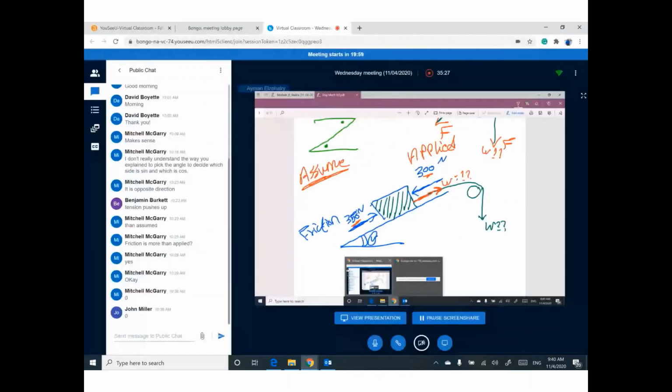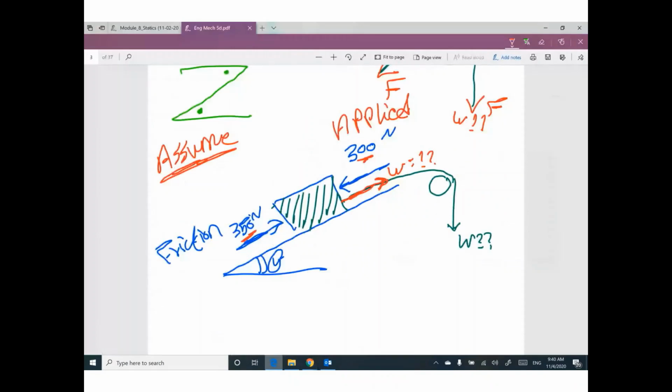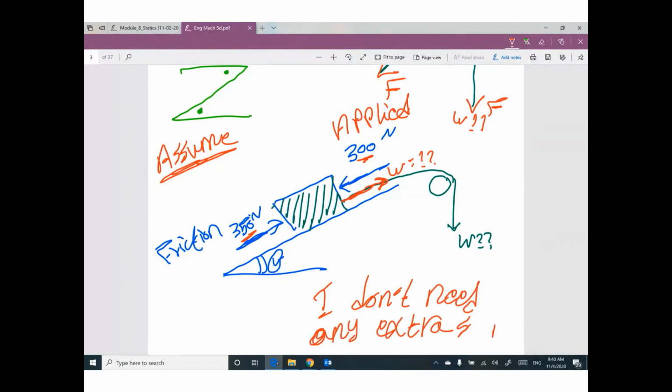I don't need any extra support. I don't need any weight here. I don't need any support here. Why? Because the friction force is enough. Does that make sense?